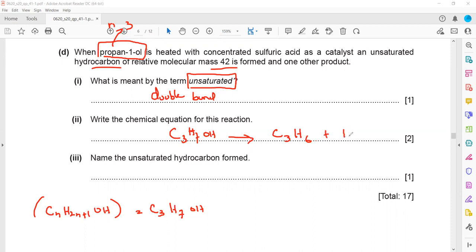What other product will be there? It will be a water molecule, so H2O. And name the unsaturated hydrocarbon. So what is the unsaturated hydrocarbon? That is propene. So both ways are possible: alcohol can produce alkene and steam or water, or alkene plus steam will give us alcohol.